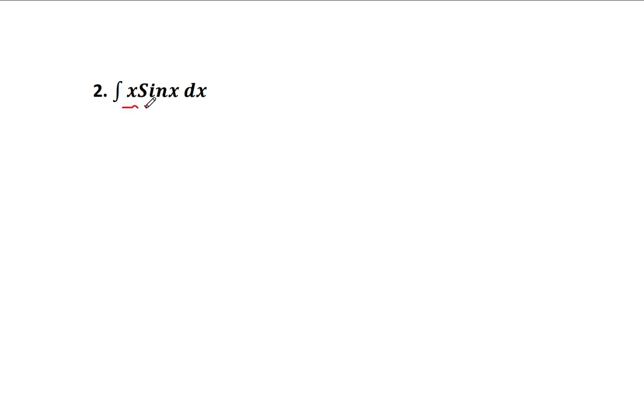The terms I have in the product here are x and sine x, and we're going to assign one of these terms as u and the other as dv. The harder term to integrate here would be the x, so we assign it as u, and we'll assign the other term in the product as dv.